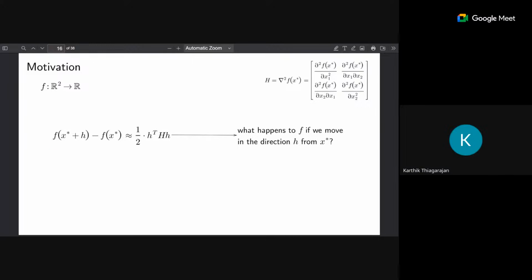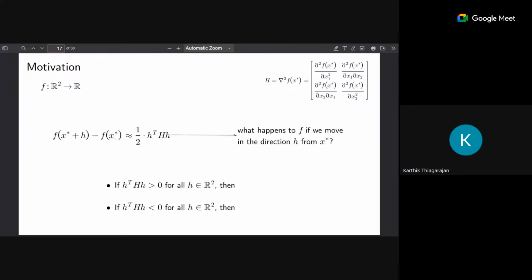So it should be positive, right? So if you want this to be a minimum, this quantity should be positive. In fact, you are going to put this the other way. So if h transpose H h is greater than 0 for all h, then what can you say about x star? x star is a minimum.